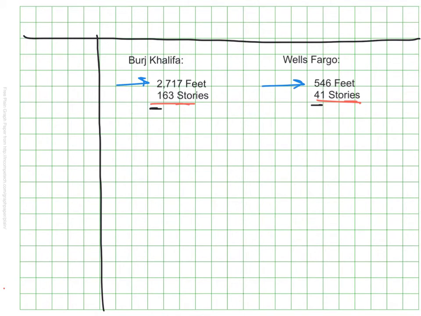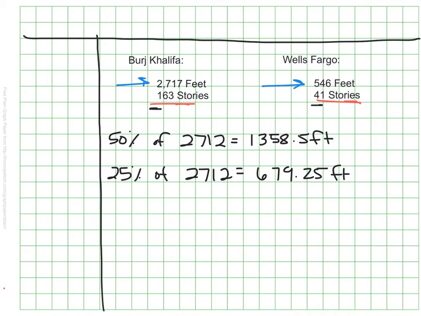But I want to look at a percent. So I'm just going to do a couple quick calculations before I come up with my comparison statement. Using percents, I saw the value of what 50% of the Burj Khalifa would be, and that's clearly much taller than our building. 25% of the Burj Khalifa would be about 679 feet, which is still larger than our Wells Fargo. 20% of the height of the Burj Khalifa is 543.4 feet.